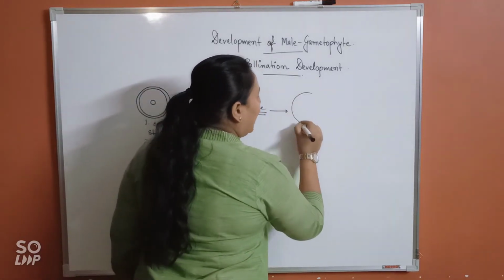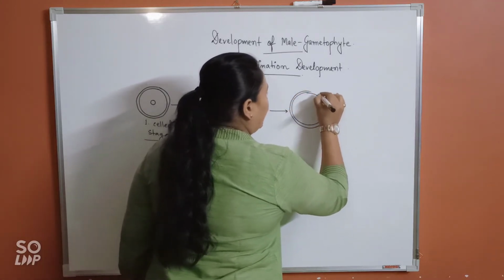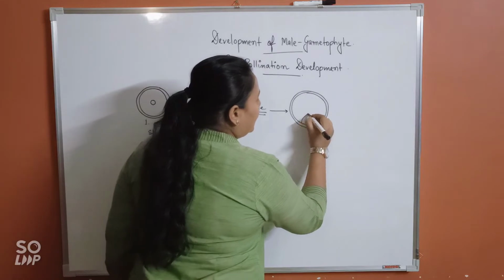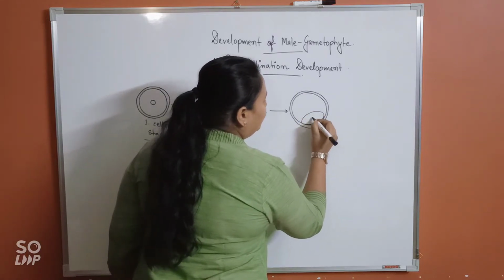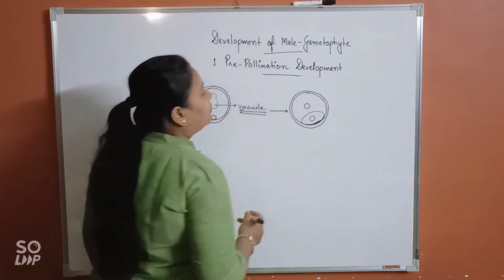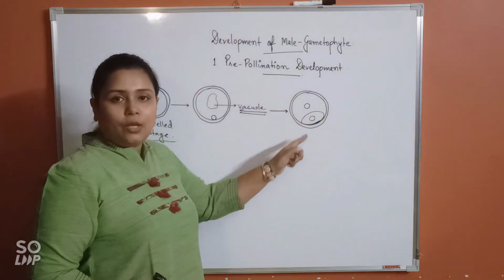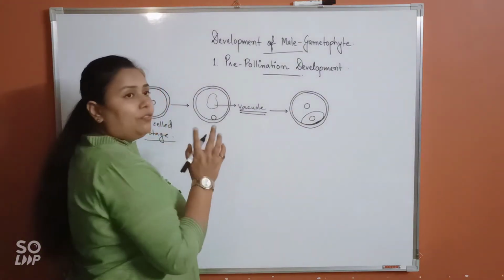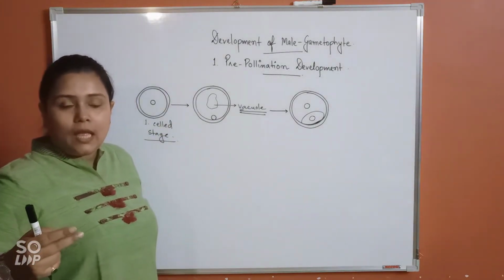There will be one mitosis that will start happening inside the pollen grain, and this mitosis will divide the protoplasm into 2 unequal halves.